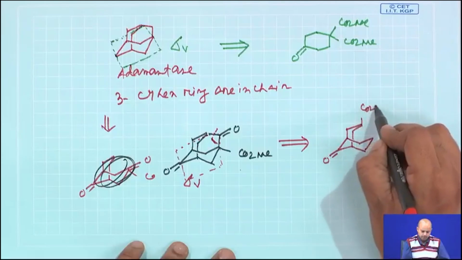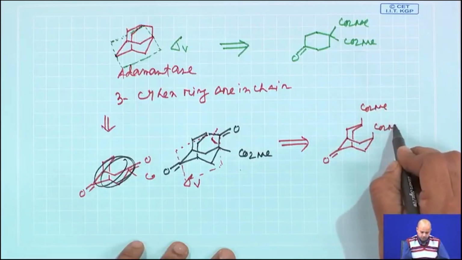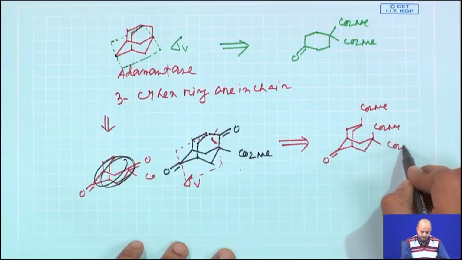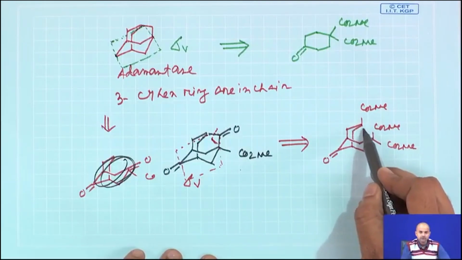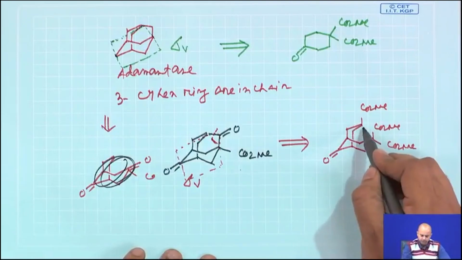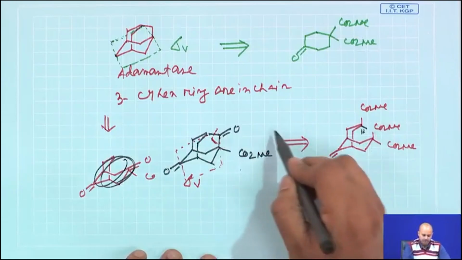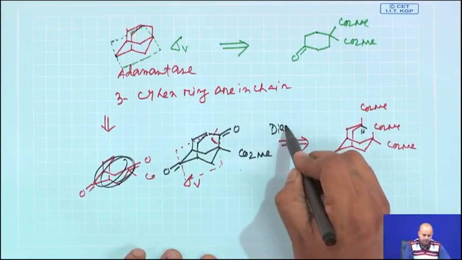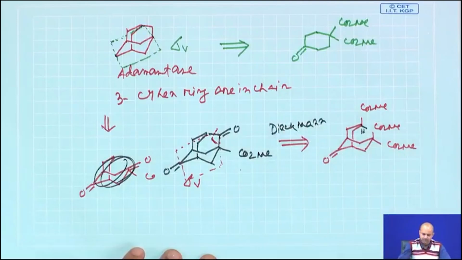We will put a CO2Me here and a CO2Me here. This CO2Me has a hydrogen here, which will form this carbanion, and then it will undergo Dieckmann reaction with one of the CO2Me groups to give this thing. So, this transformation is your Dieckmann reaction, which is very obvious.